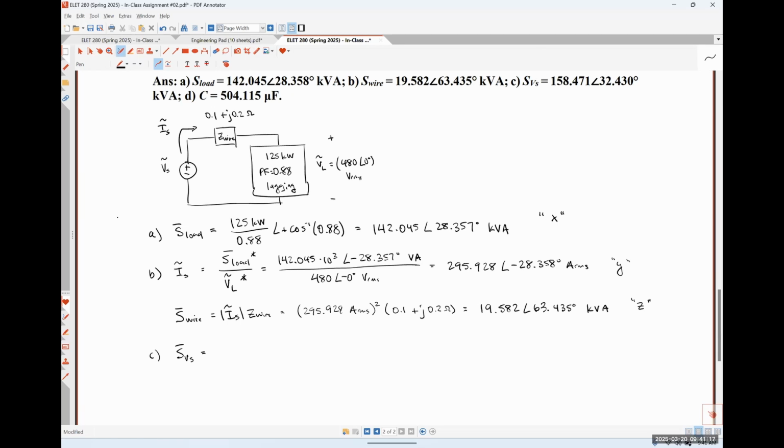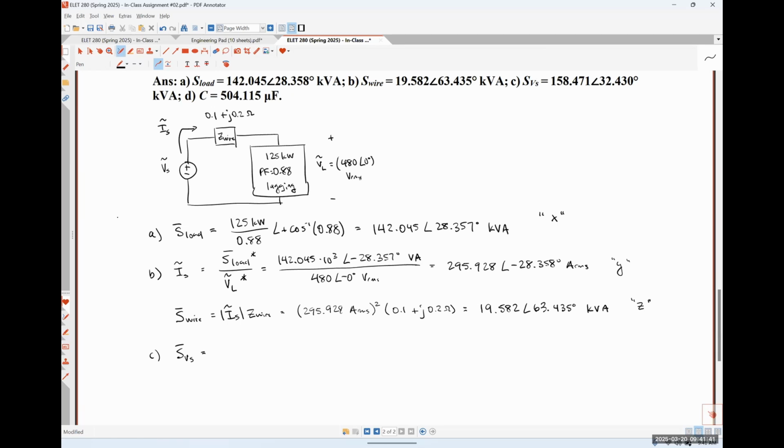Can anybody tell me what the law of conservation of energy is? Energy can't be created or destroyed. Okay, fair enough. So in the context of circuits, we usually put that as, however much power we have supplied by our source has to be equal to the total amount of power absorbed by our load.